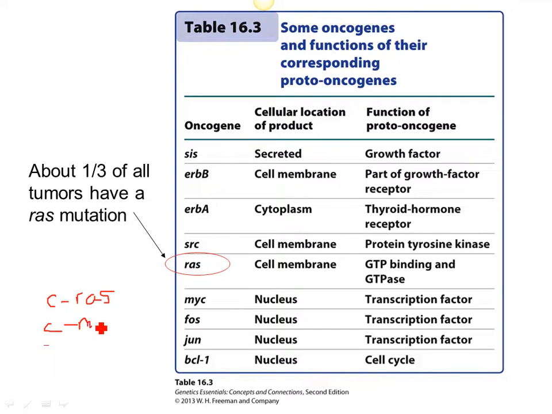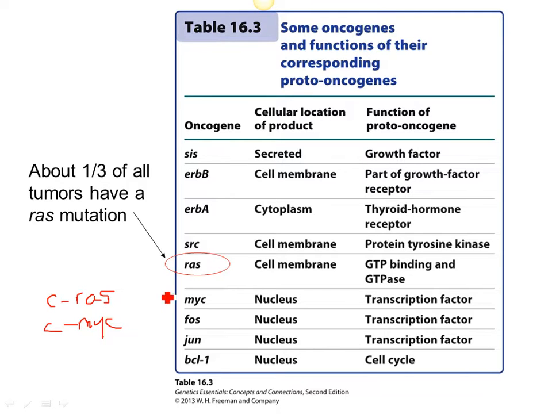C-MYC would be a cellular copy of that gene. So when you have a C in front of it, that means cellular. And that can become mutated and act in an inappropriate way to push the cell through the cell cycle. About a third of all tumors have a RAS mutation, so that's pretty common.